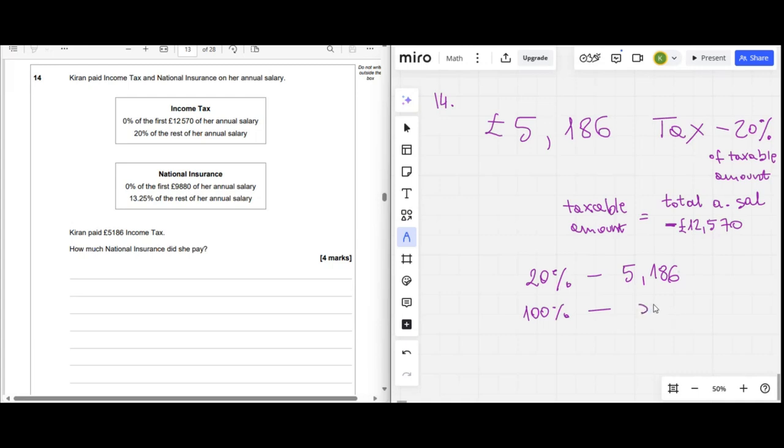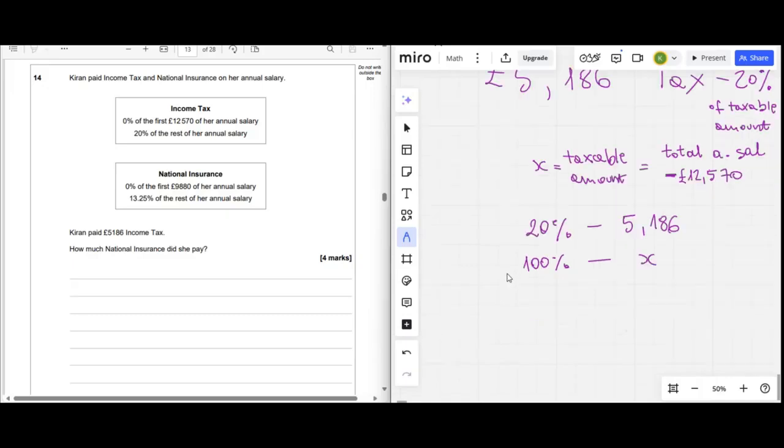But this is our x. This is an unknown value for now. How to find x? How to make 100 from 20? Multiply by 5. And on the other side, we need to do exactly the same thing.